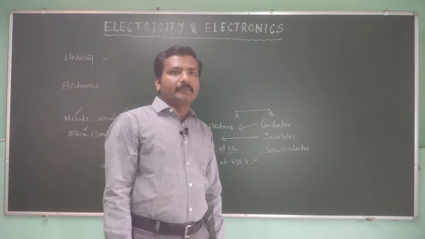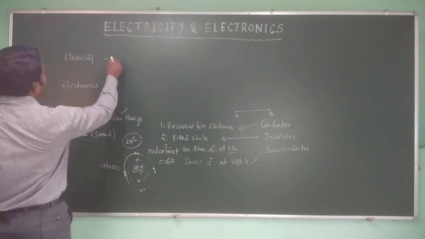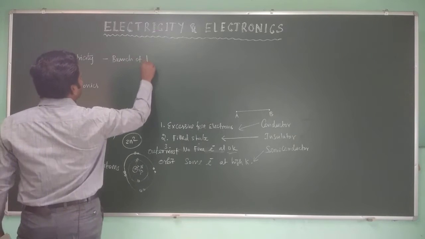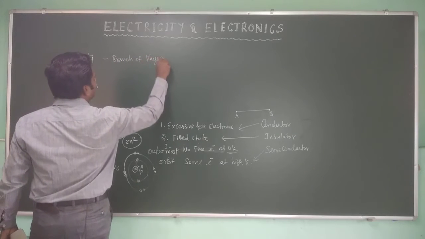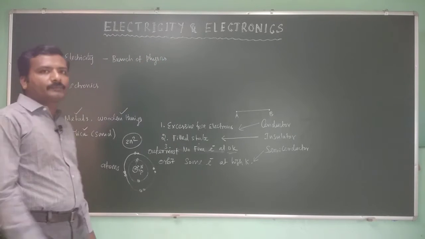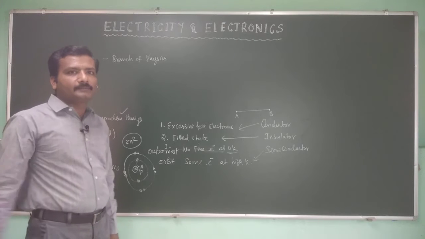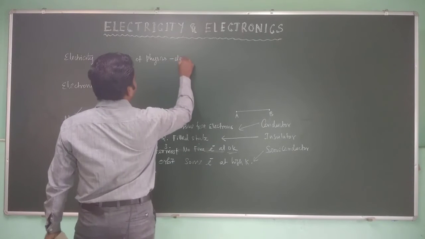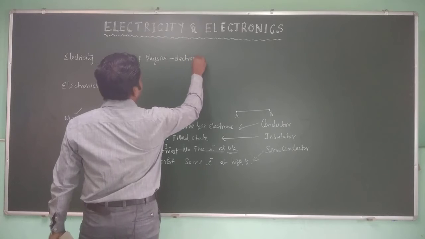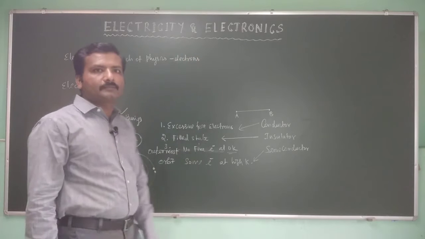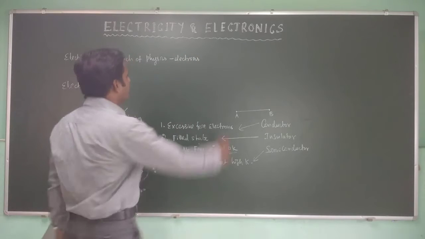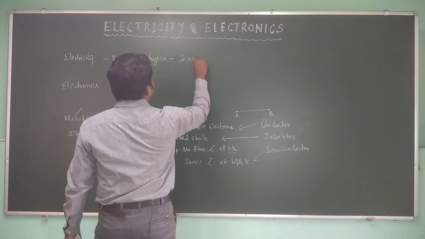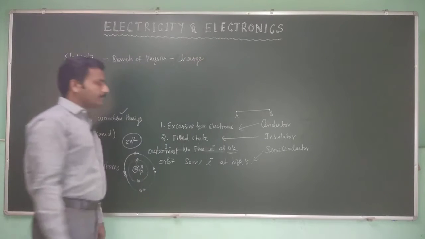Now, electricity can be defined as a branch of physics that deals with electrons, or in general you can say that deals with charge.